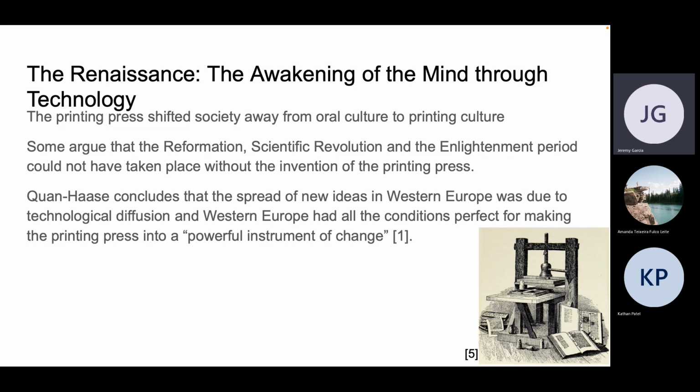Some argue that the Reformation, Scientific Revolution, and the Enlightenment period could not have taken place without the invention of the printing press. Quan Haas concludes that the spread of new ideas in Western Europe was due to technological diffusion, and Western Europe had all the conditions perfect for making the printing press into a powerful instrument of change.